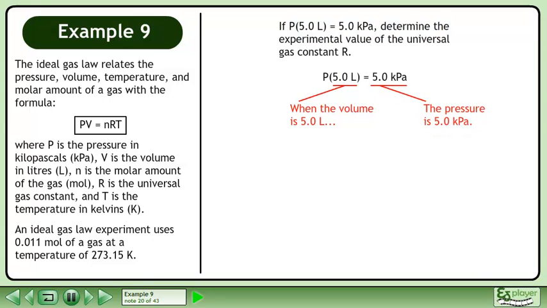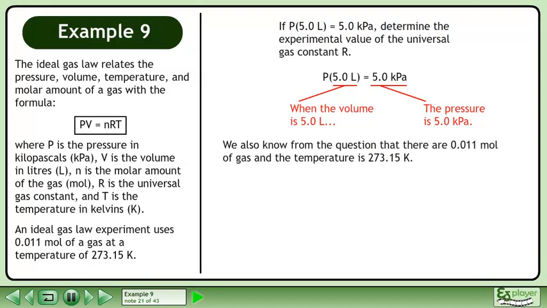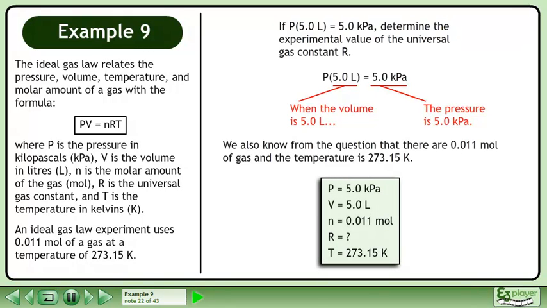When the volume is 5.0 liters, the pressure is 5.0 kilopascals. We also know from the question that there are 0.011 moles of gas and the temperature is 273.15 kelvins. Collect all the known data for this question.